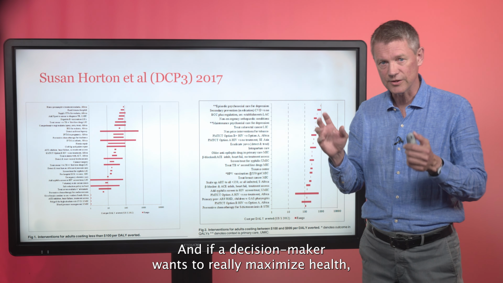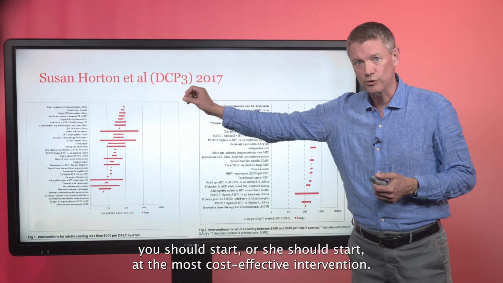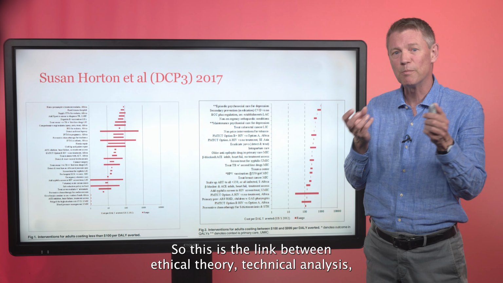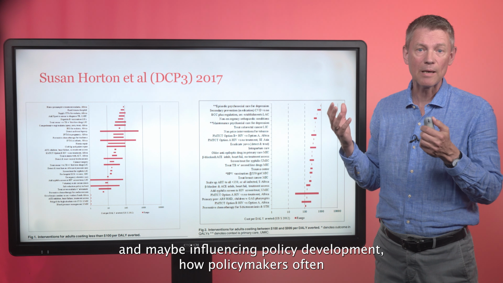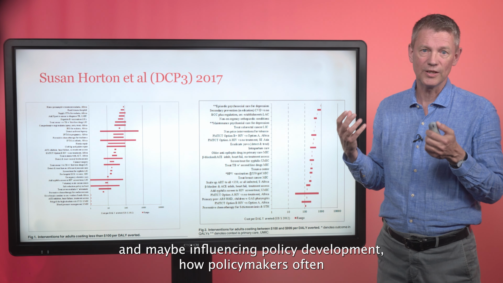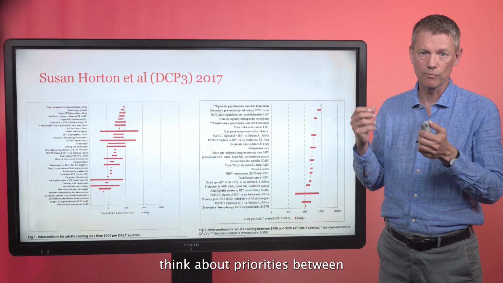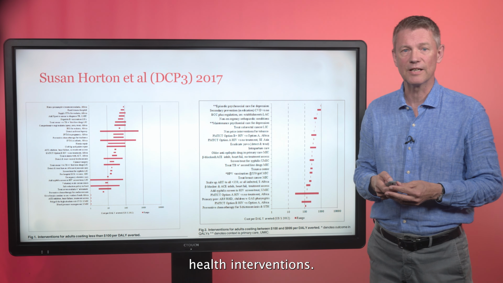If a decision maker wants to really maximize health, she should start at the most cost-effective intervention. So this is a link between ethical theory, technical analysis, and maybe influencing policy development, how policymakers often think about priorities between health interventions.